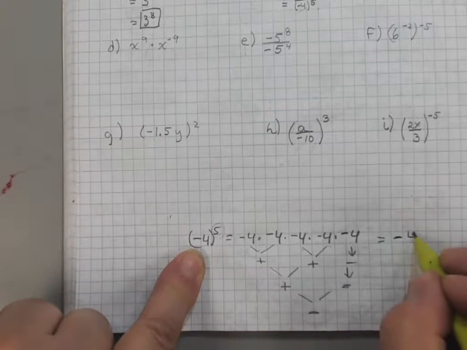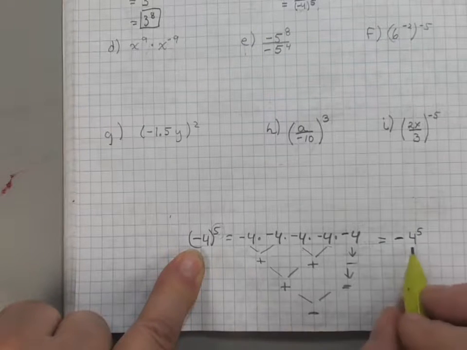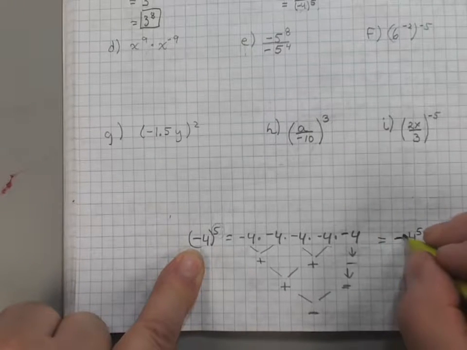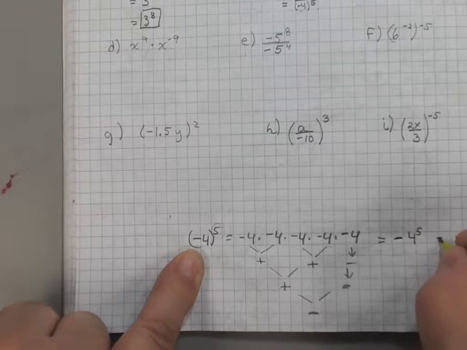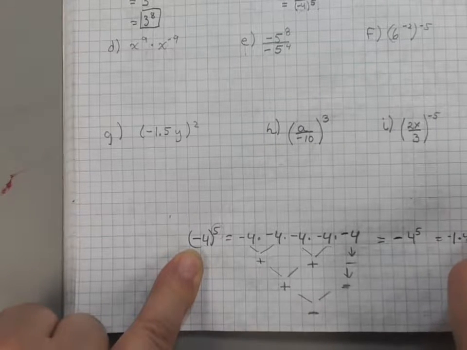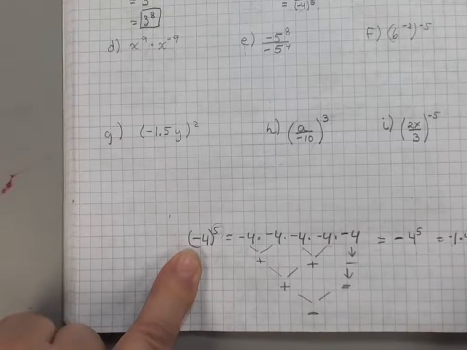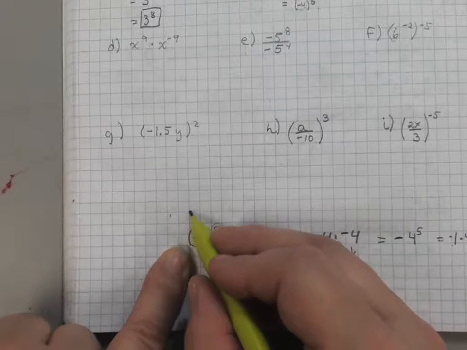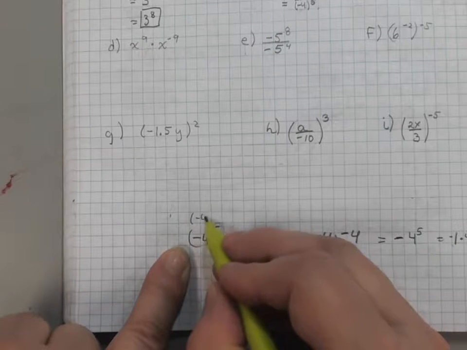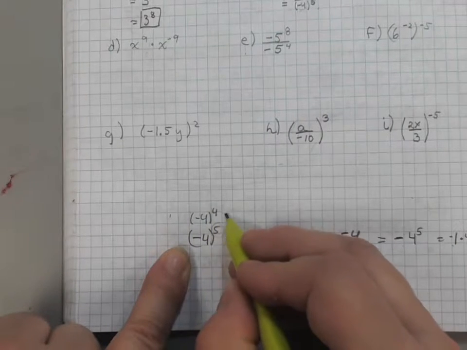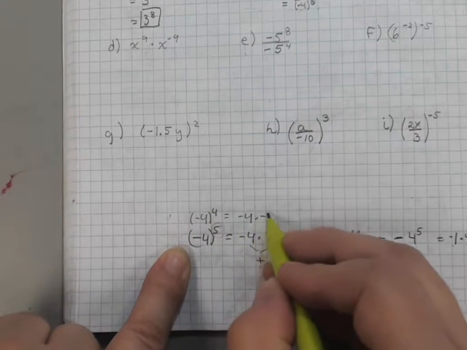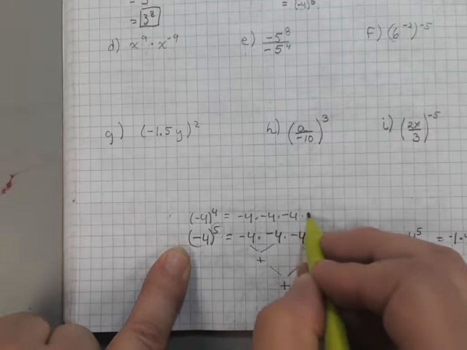And so this would end up being -4 to the 5th power, and it would be written like this. It's as if we're multiplying by a -1 here in front, maintaining that whatever 4 to the 5th is, there's going to be a negative in front. How is that different from something like -4 to the 4th power? -4 times -4 times -4 times -4.